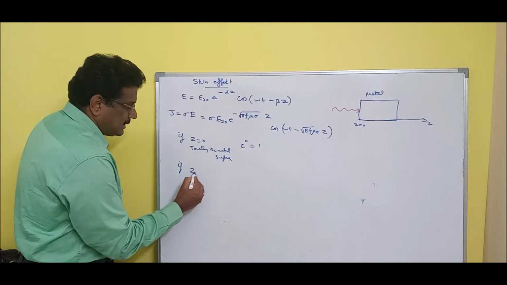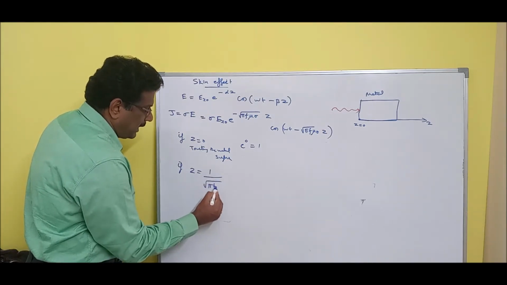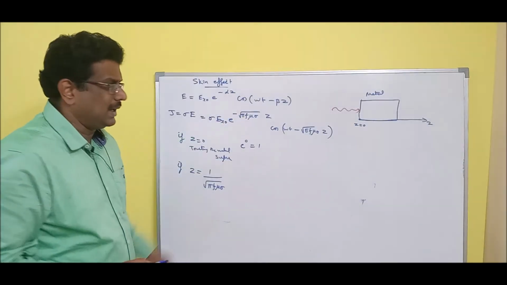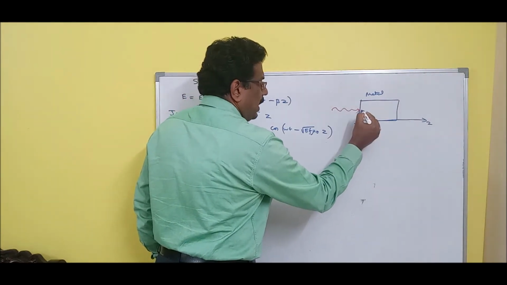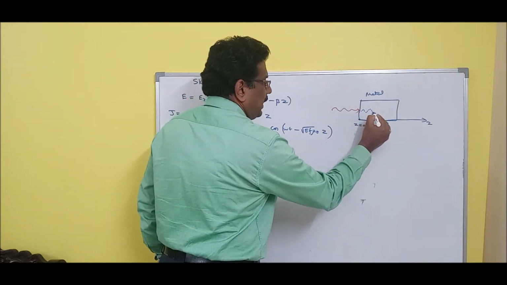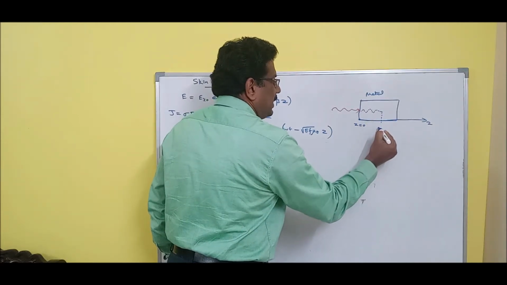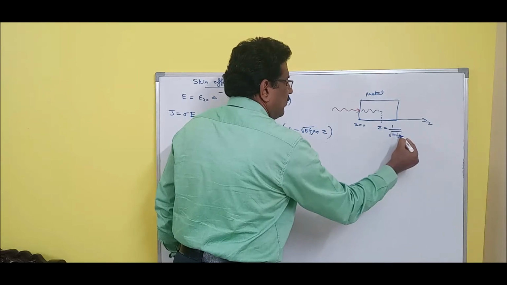If z is equal to 1 by root of pi f mu sigma, what is this number? Based on this number I created. Now z is some value here. Now the wave has started penetrating inside this metal. At one particular point it reaches z equal to 1 by root of pi f mu sigma.